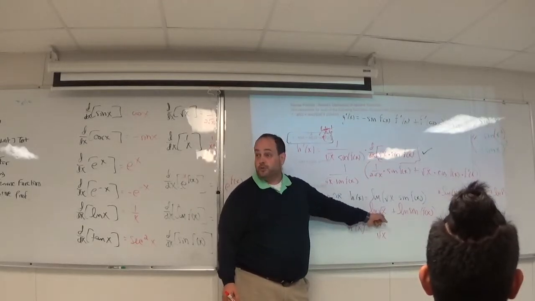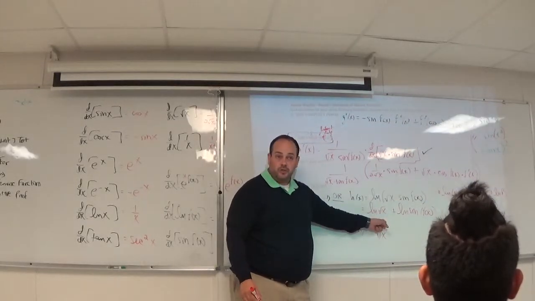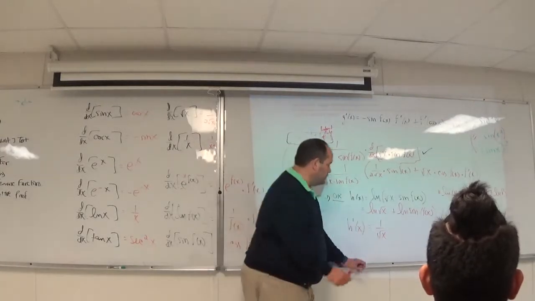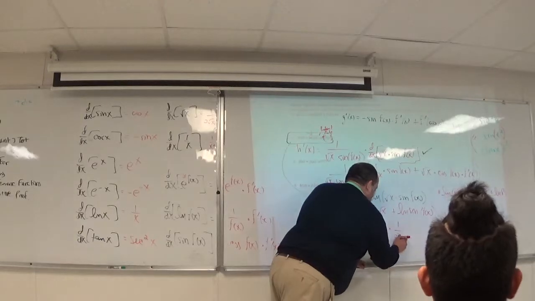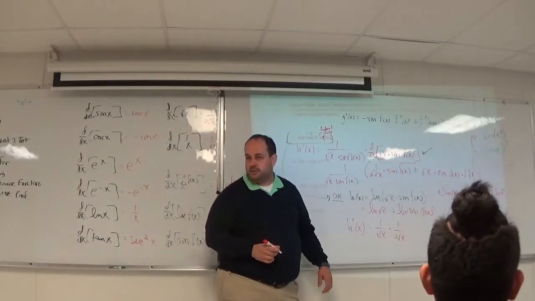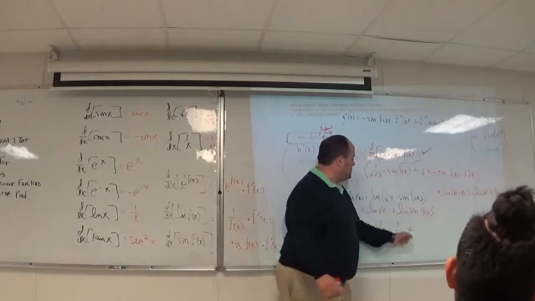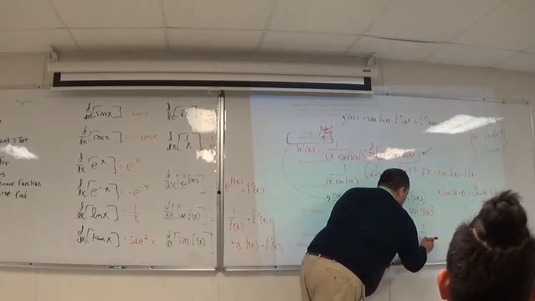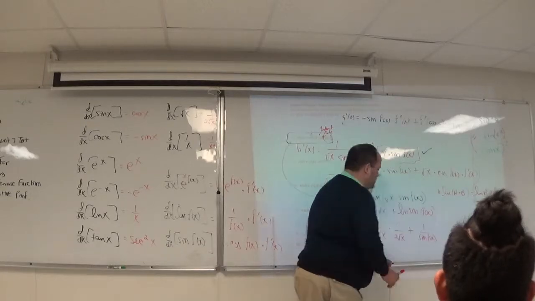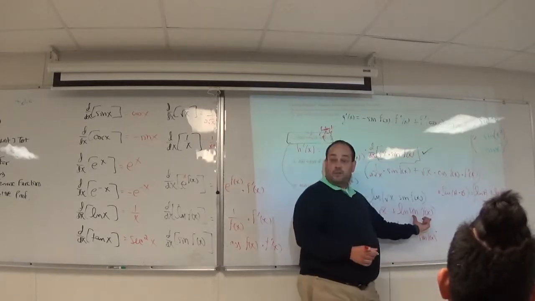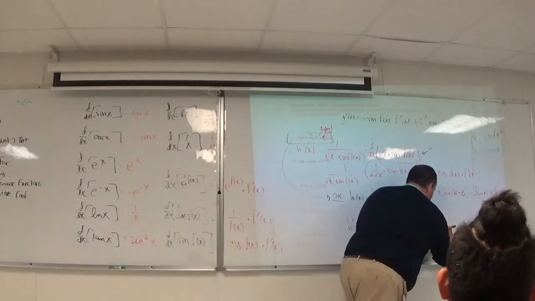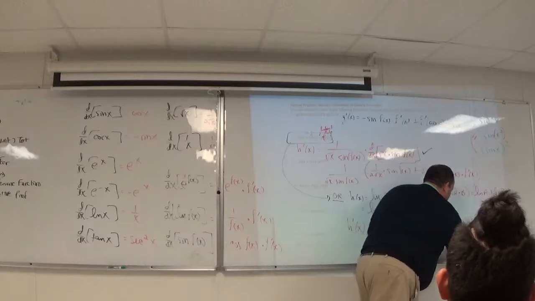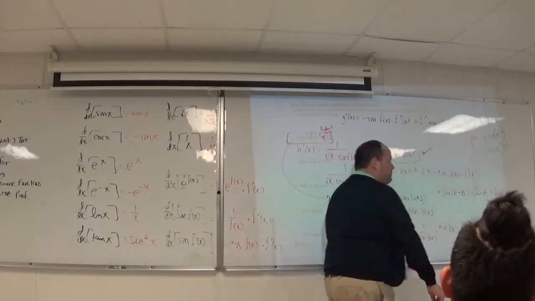It's 1 over the square root of x times the derivative of this guy, which is 1 over 2 square roots of x, plus the derivative of natural log of sine of f of x, 1 over sine of f of x times the derivative over here, cosine of f of x times f prime of x.